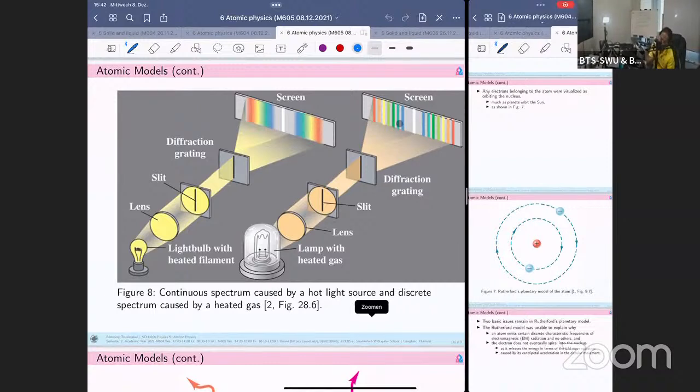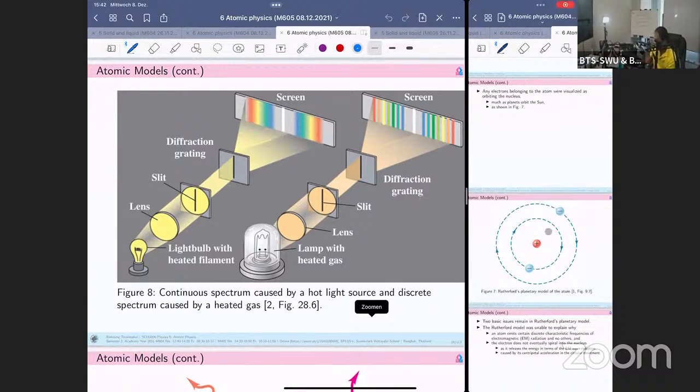Because it's really impossible, right? Because what Rutherford suggests is that the radius or the speed of this particle should reduce, because it changes its direction all the time, and when it accelerates, it should release energy in terms of light.